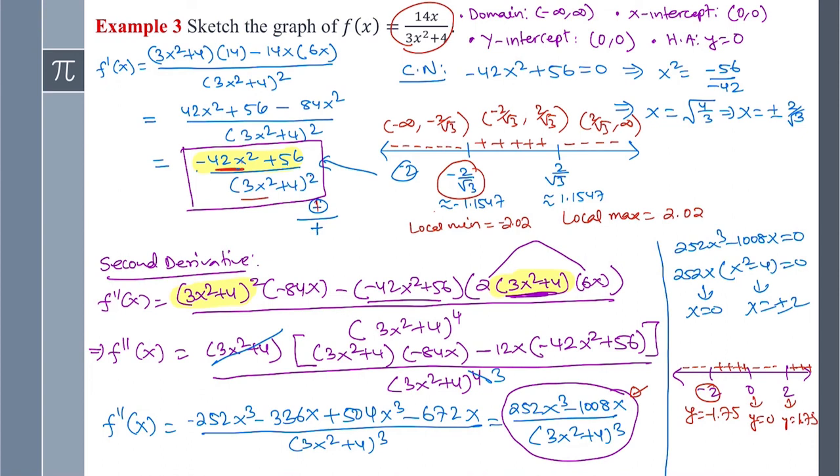Okay, so we have all the information that we need, so we are going to graph. We are going to use the x-intercept, y-intercept, horizontal asymptote, the local max and min right here, and then we'll use these inflection points right here.